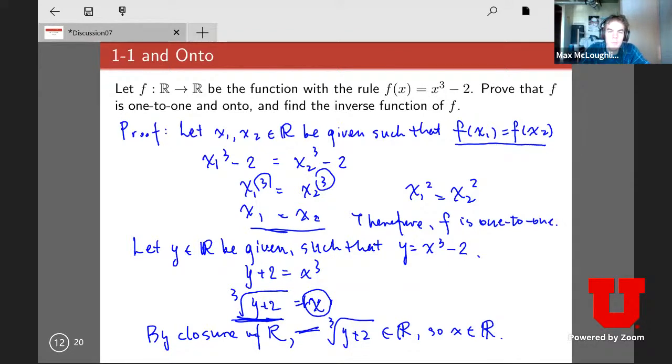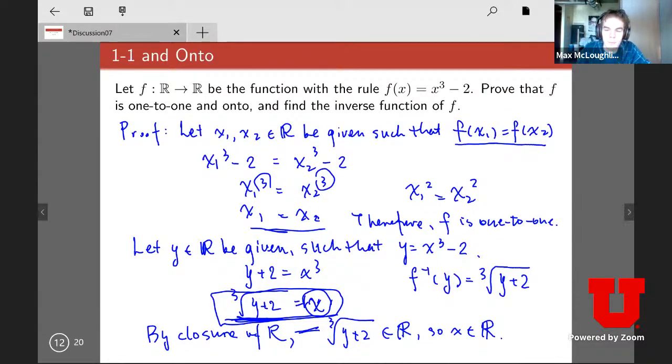And the inverse function, we already found it, is basically this one. So f inverse of y. Inverse is just flipping the x and y axes. So that would be our inverse function. Any questions about this?